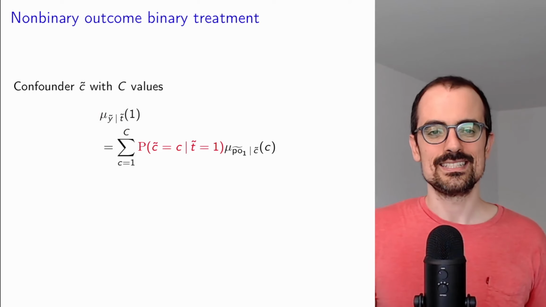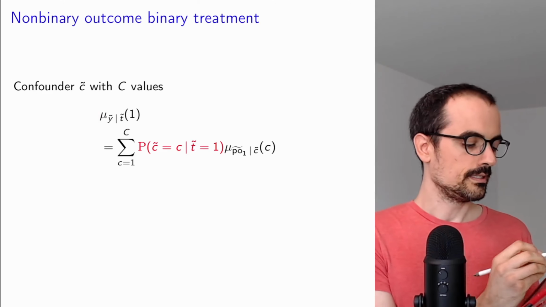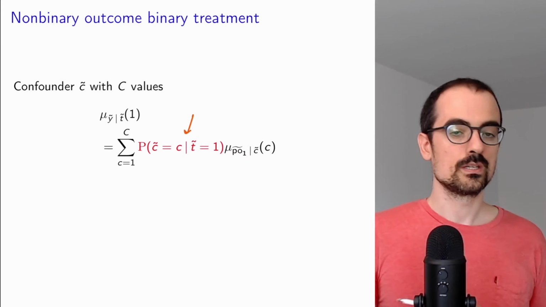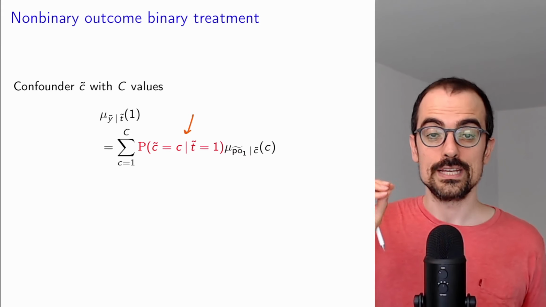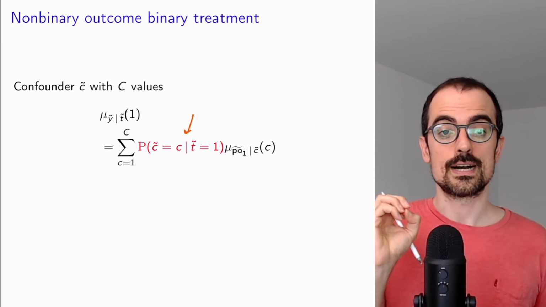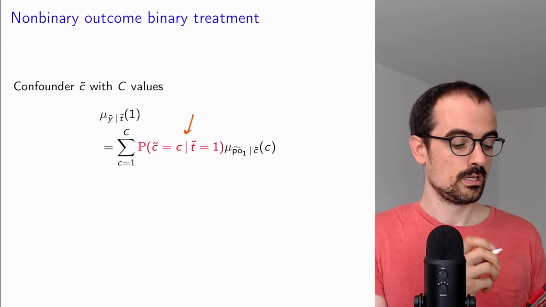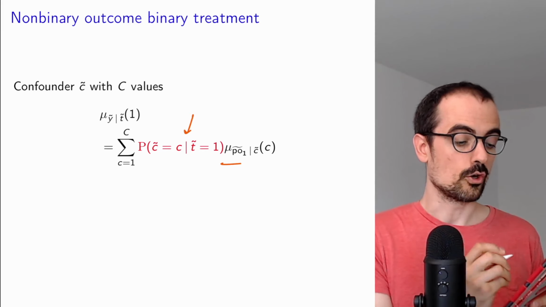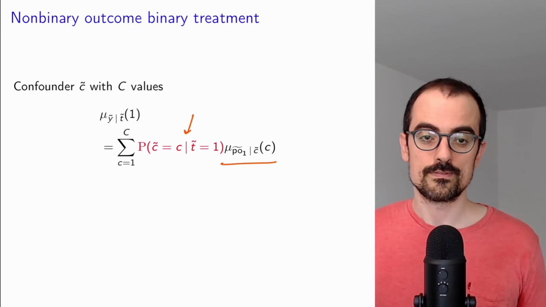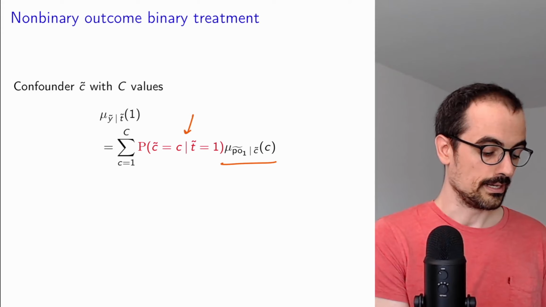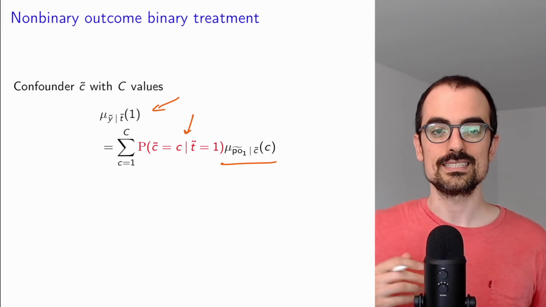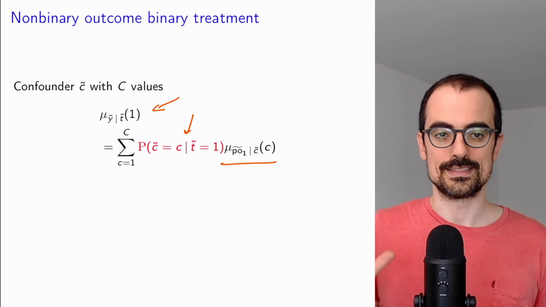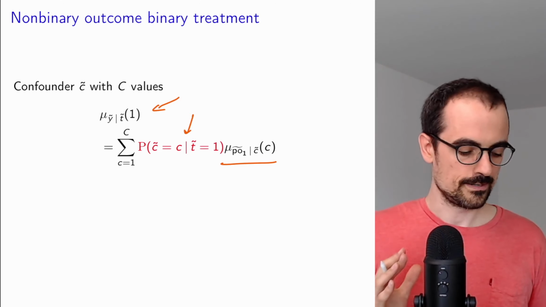And again, this is distorted by the fraction of each value of the confounding factor within the treatment group, because that's what weighs the conditional means given each value of the confounder to yield this observed statistic under the conditional independence assumption that we mentioned earlier.